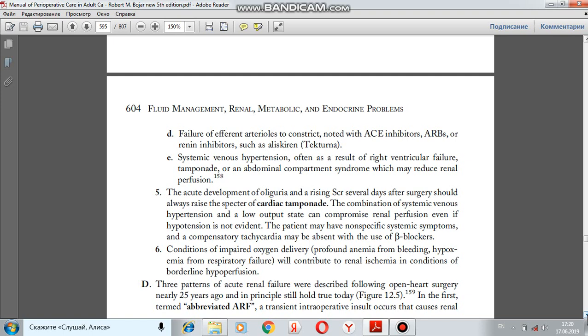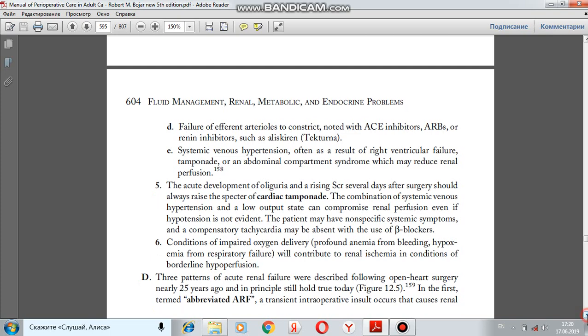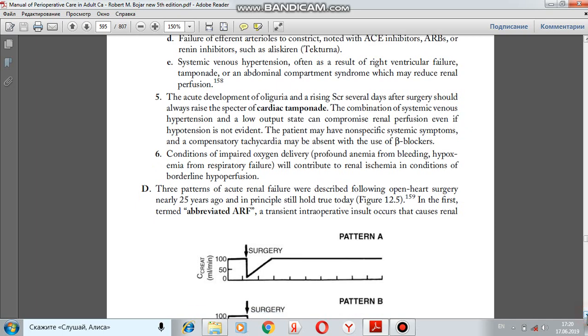The patient may have non-specific systemic symptoms, and the compensatory tachycardia may be absent with the use of beta blockers. 6. Conditions of impaired oxygen delivery, such as profound anemia from bleeding or hypoxemia from respiratory failure, will contribute to renal ischemia in conditions of borderline hypotension.